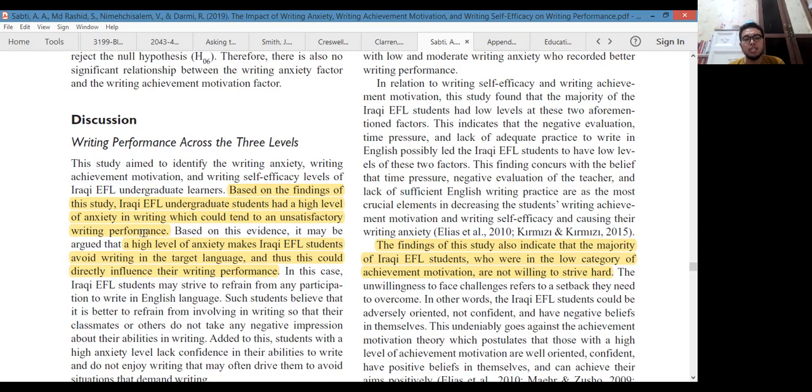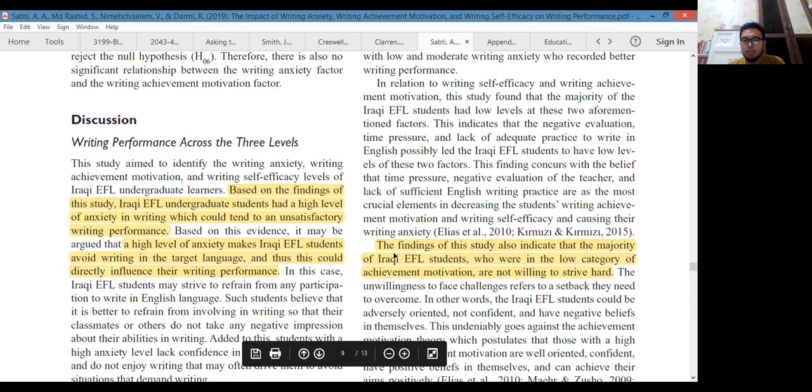So this is the relationship between anxiety and writing performance. A high level of anxiety makes Iraqi EFL students avoid writing in the target language, and thus this could directly influence their writing performance. So this is the interpretation of the statistical result.